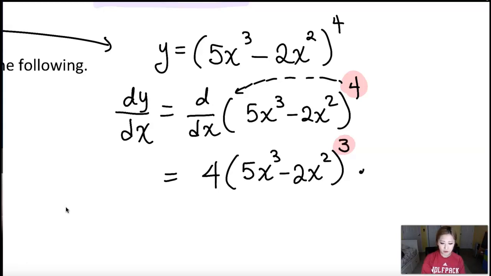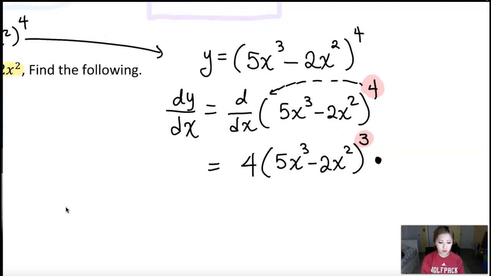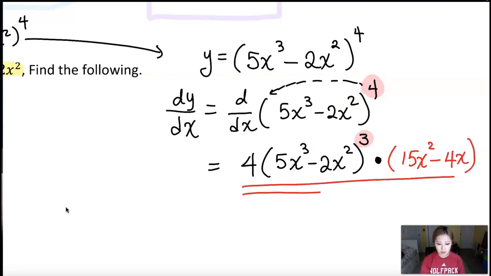Remember, when we do chain rule, we now need to multiply this by the derivative of the inside part. So what is the derivative of 5x cubed minus 2x squared? That is 15x squared minus 4x. Okay? So this is what dy dx is.